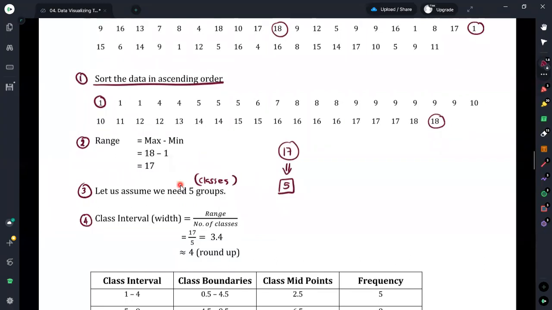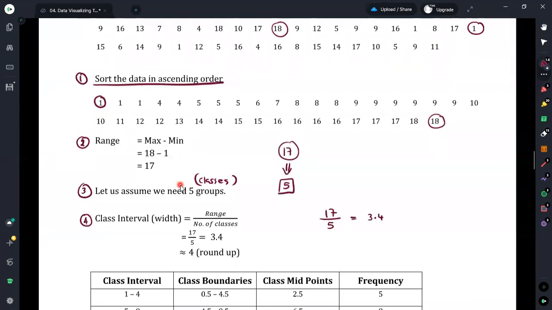The width of the class is obtained by taking the ratio between the range and the number of classes. Here the range is 17, and we have 5 classes. Therefore, the width is equal to 3.4.